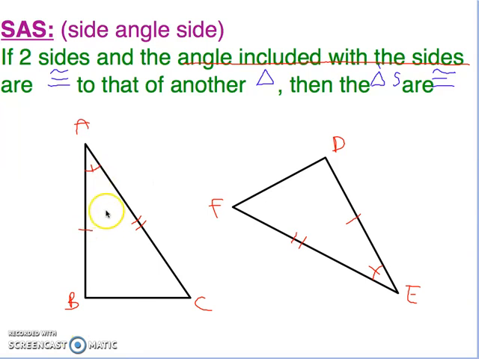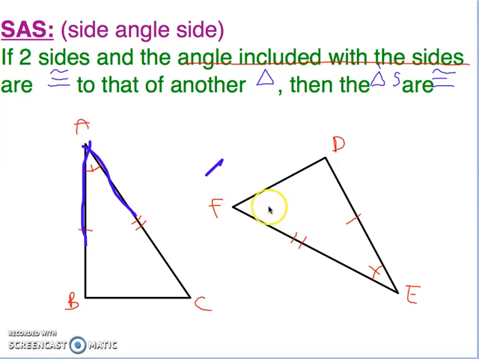In this triangle right here, triangle ABC, notice this one has 1 little slash mark, and this side has 2 little slash marks. So this segment right here and this segment right here meet at angle A. So it's described as side, angle, side. Okay, same thing over here.